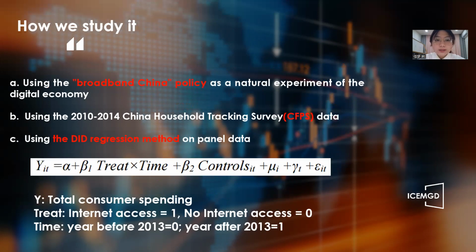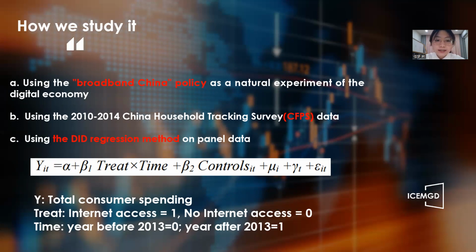So here's how we started. First, we use the Broadband China policy as a natural experiment of the digital economy. This policy was released in 2013. Then we use the 2010 and 2014 China Household Tracking Survey data. This data has various samples, so it's really representative.